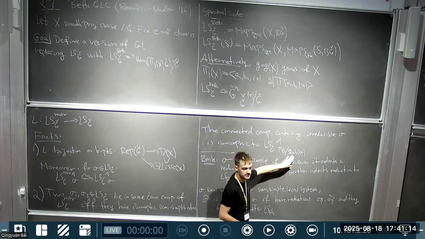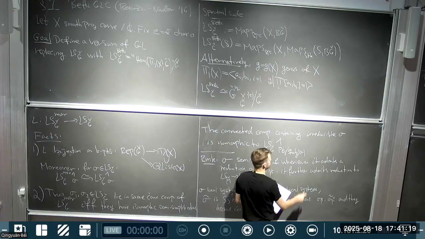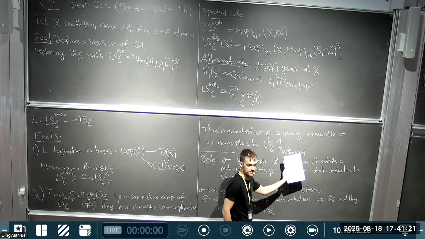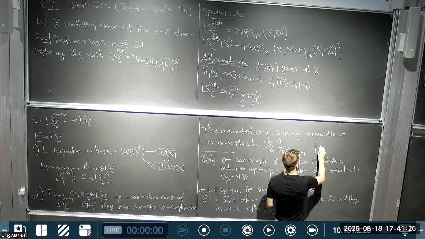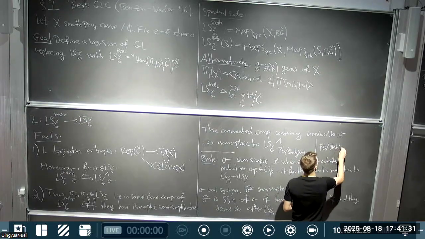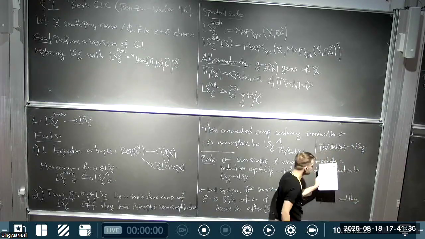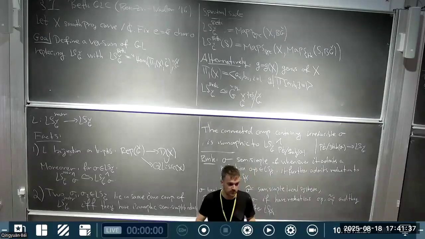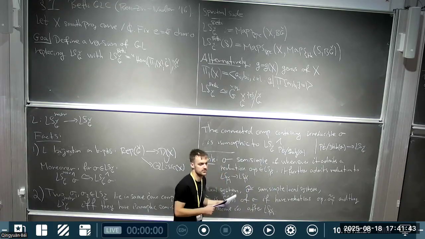The classifying stack of the stabilizer of sigma, where I take a morphism from a point to the stack by sigma. Yeah, so I should say it's the stabilizer or the automorphism group of sigma. So this maps into Loc_G check. Just any point modulo its automorphism group maps to the stack, and in fact here it's a closed embedding if sigma is semi-simple.